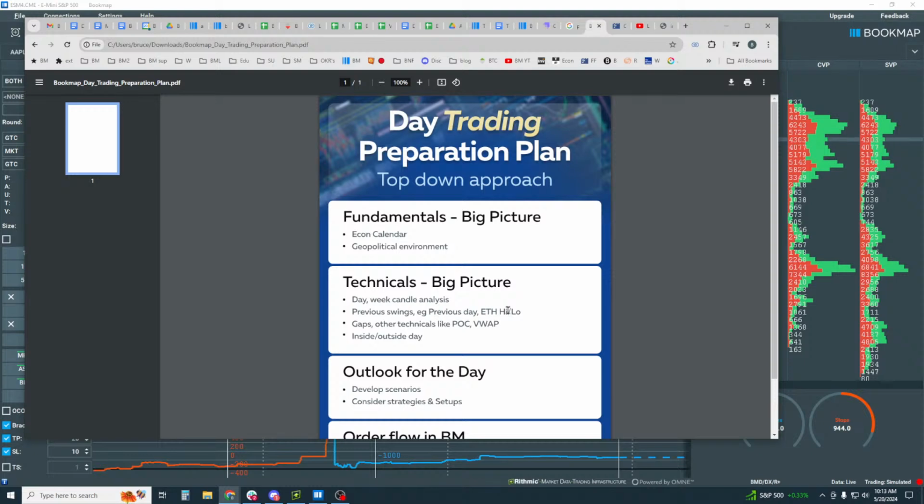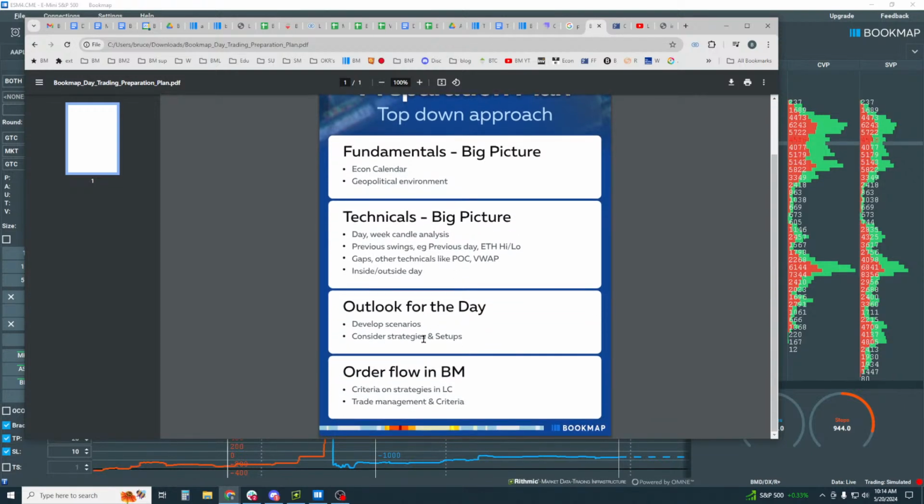Understand previous swings, previous day, extended trading hours, the highs and the lows, gaps, inside and outside days. We'll take a look at that and then start to develop our outlook.